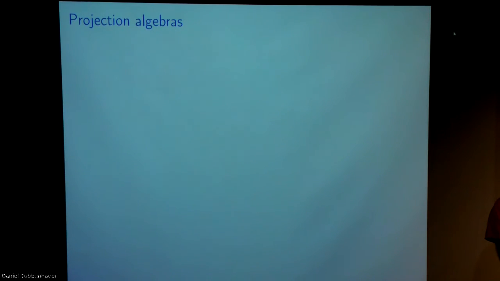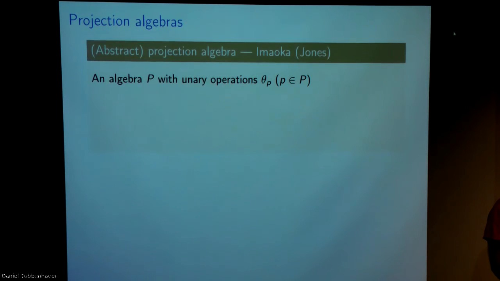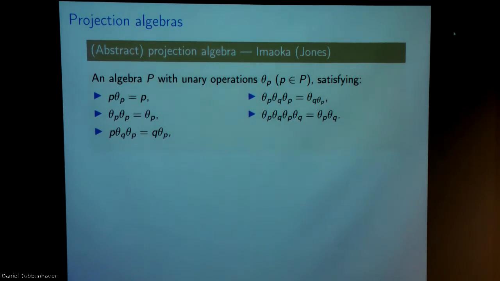All right, so we start with what's an abstraction of these algebras of projections of regular star semigroups, and we just define a projection algebra to be a set with unary operations, one for each element, satisfying those axioms that I flashed up before.